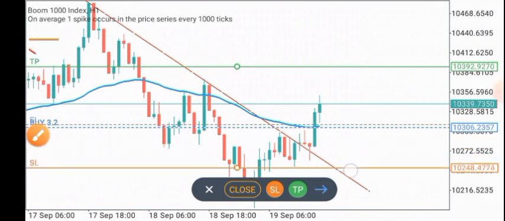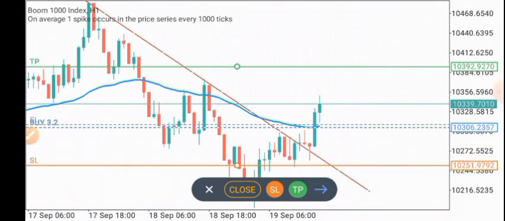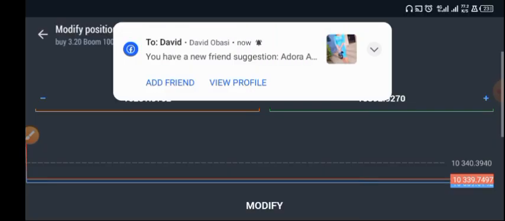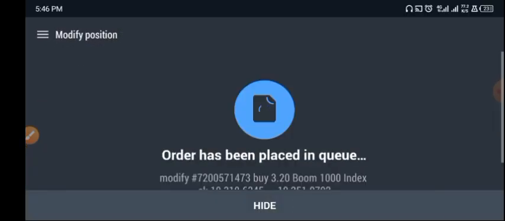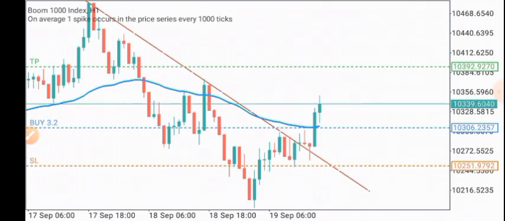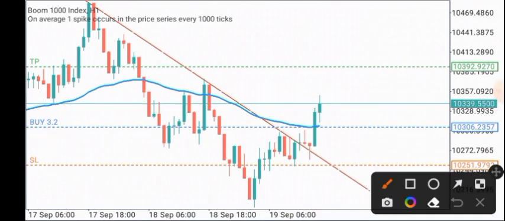Look at it. Like I told you guys in the previous part of this video, there is a way to set your stop loss. You don't just say because you want to risk less, you bring your stop loss in and make it tight. No. The reason is that price moves in waves, which we call market structure, right? It moves like this.